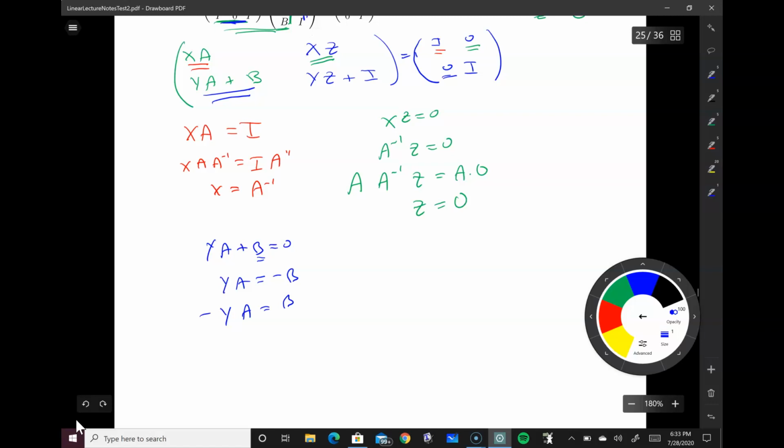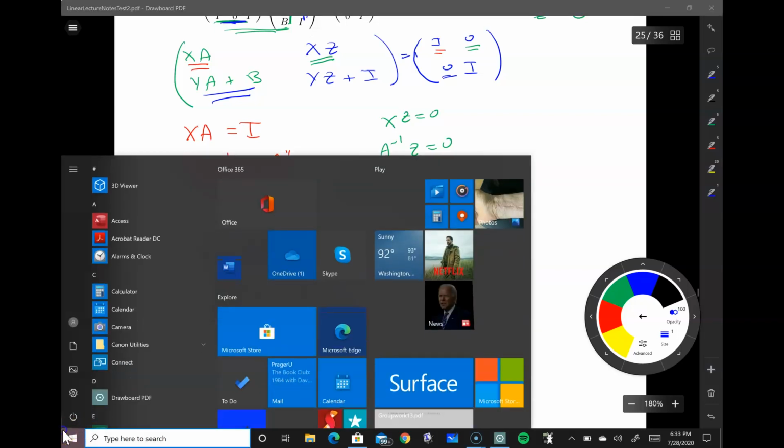I'm going to keep that there since I want to erase that step. So I want to solve for Y, so I'm going to multiply on the right by A inverse. Multiply on the right by A inverse, so that gives me Y equal negative B A inverse.